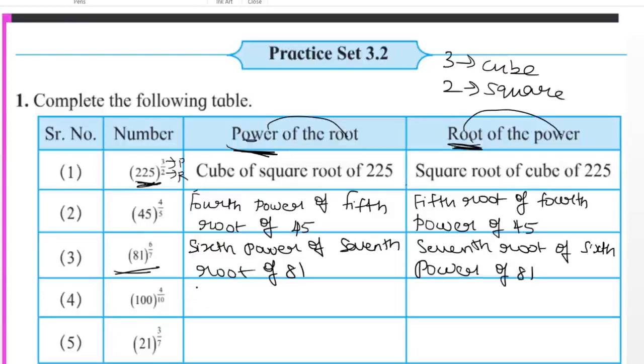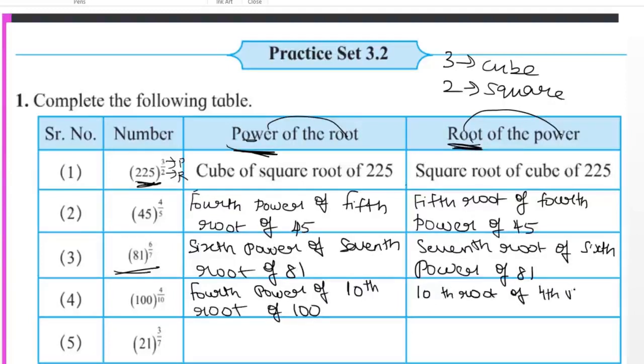What is the next one's answer? So here this one, fourth power of 10th root of 100. You can write the number also. 10th root of fourth power of 100. It is asking for a 1 mark sum.